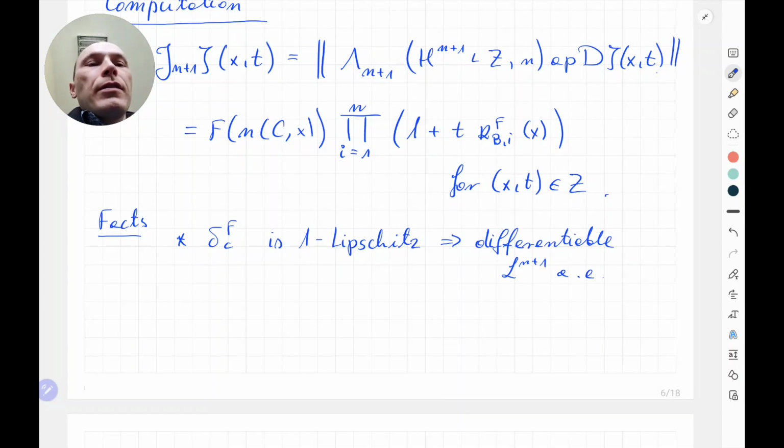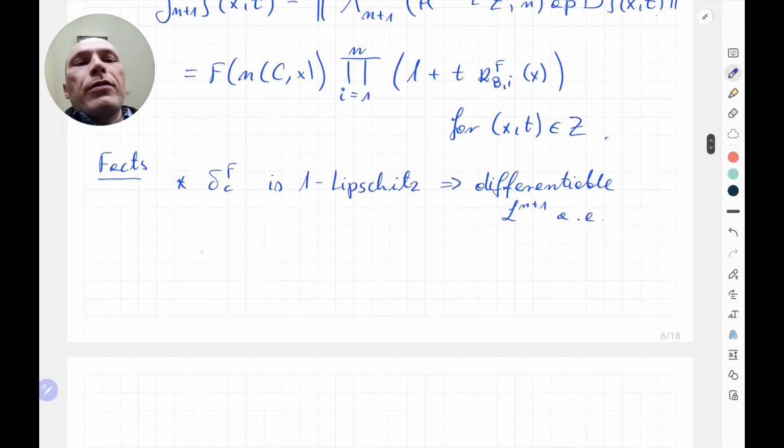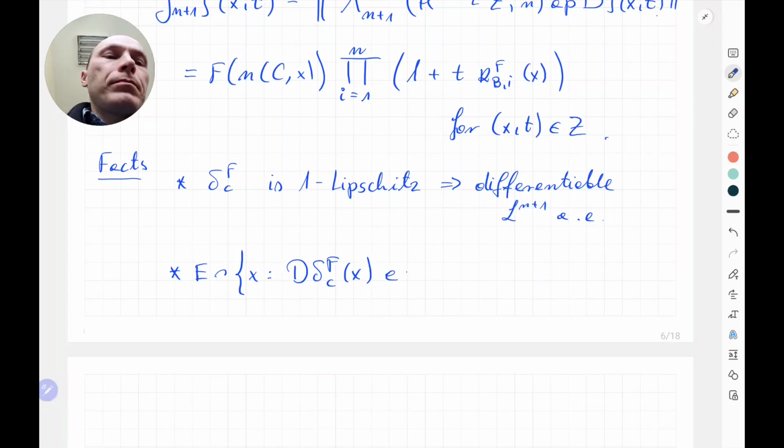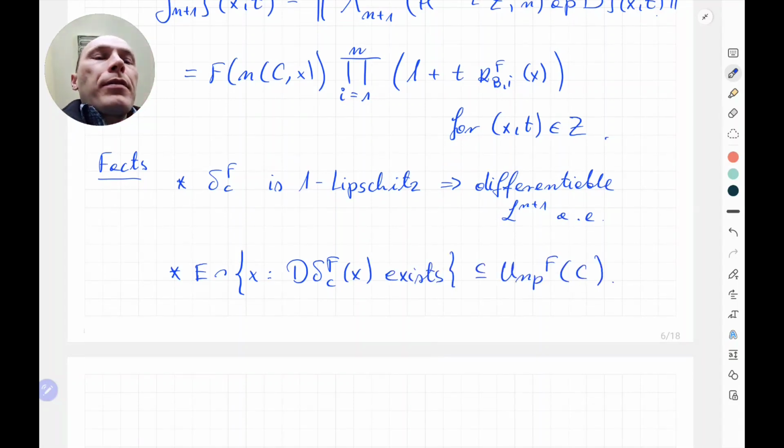The Rademacher theorem is not so easy, but anyway, another fact, maybe more complicated, but still true: at any point where the distance function is differentiable, you can prove that the point has a unique nearest projection.